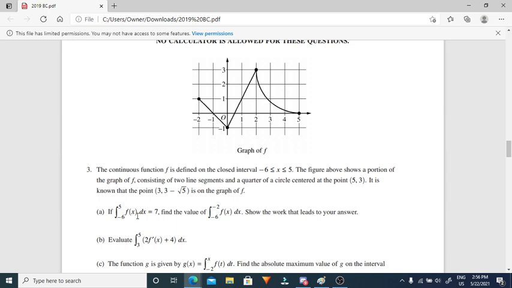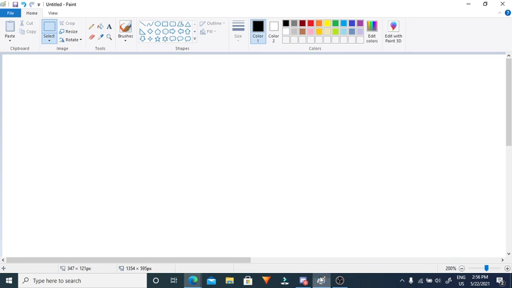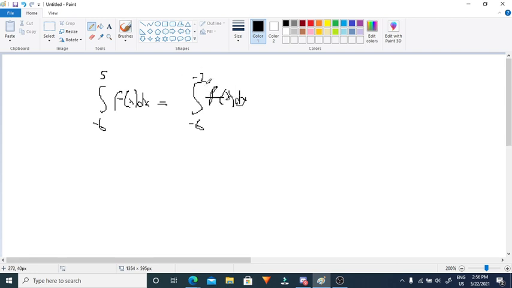We know that -6 to 5 is the total integral. So we have the integral from -6 to 5 of f of x dx. Now this is going to equal the integral from -6 to -2 of f of x dx, which is the thing we're trying to find, plus the integral from -2 to 5.